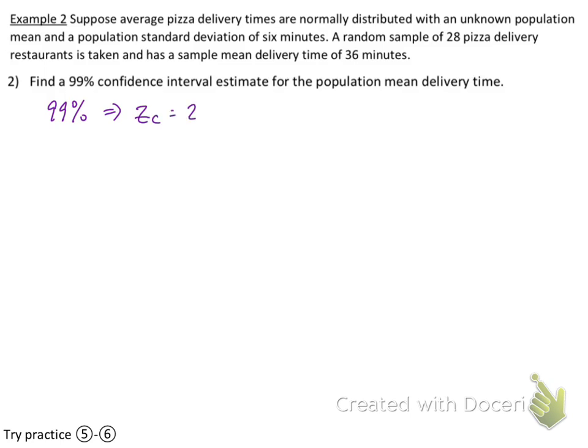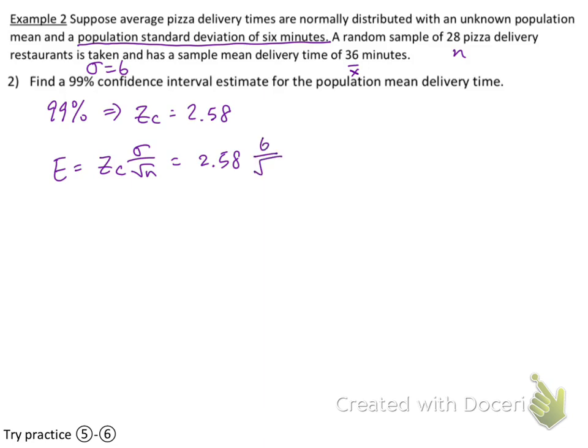ZC equals 2.58 and E equals ZC sigma over root n, where ZC is 2.58. Sigma, if you remember, the population standard deviation, equals 6, and this is n. So 6 over square root of 28 will give me 2.925.